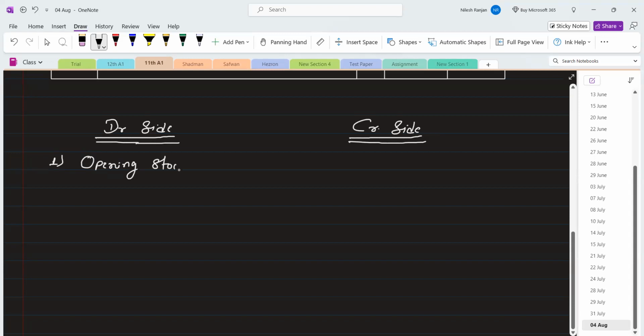If the stock is given in the question and a date is also given with the stock, like the beginning date, then it will be called opening stock. And if the stock is given and the date is closing, like 31st March or 31st December, then it is closing stock. So if opening stock is given, it will be on the debit side.